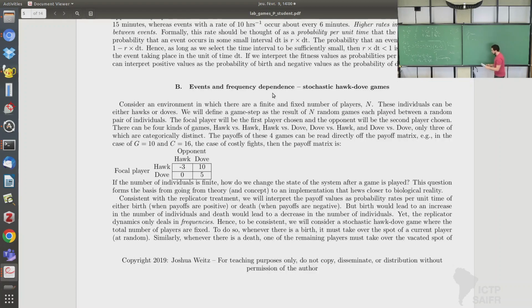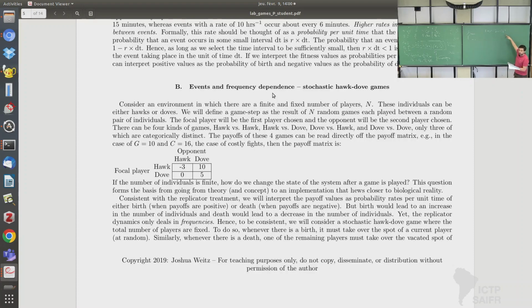So this means that the payoff, for instance, if you have a hawk against a hawk, will have a payoff HH, as we defined before, which is equal to (G minus C) over 2, okay?